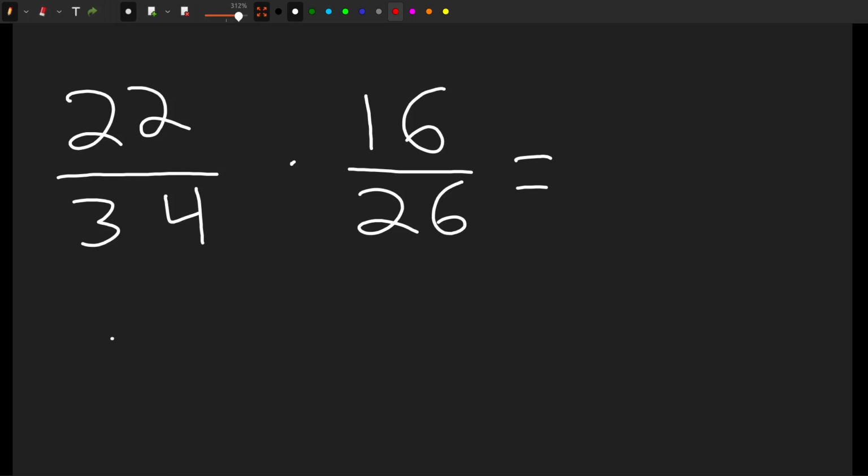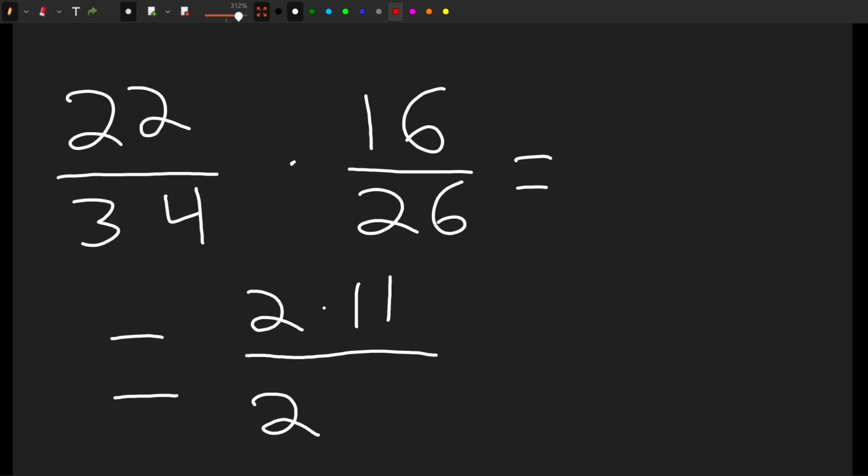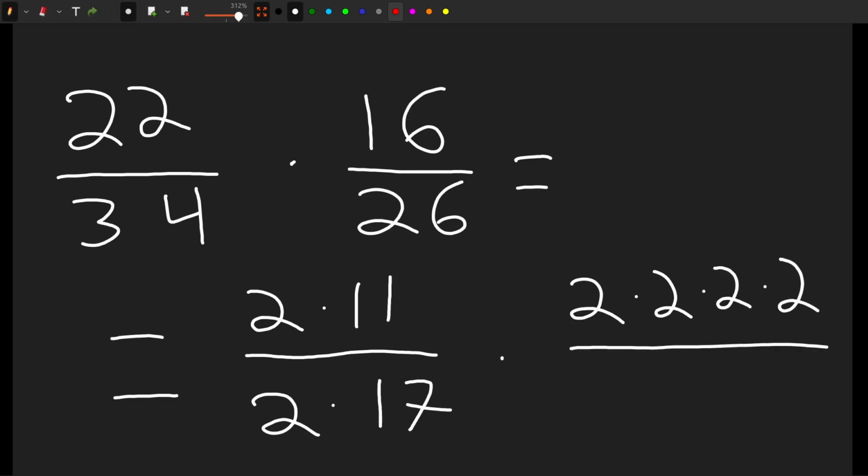I'm going to give myself quite a bit of room here. 22 is 2 times 11. 34 is 2 times 17. 16, that's 8 times 2, so that would be 2 times 2 times 2 times 2. And then 26 is 2 times 13.